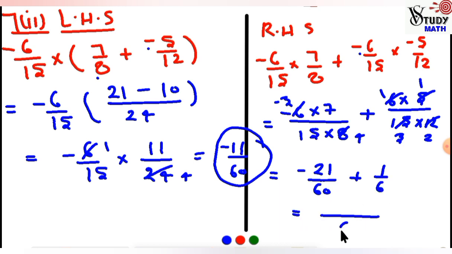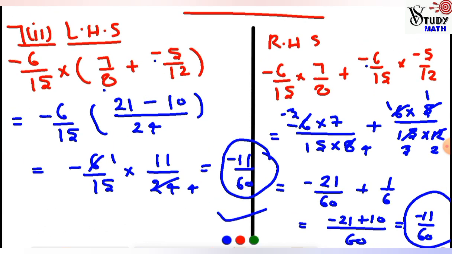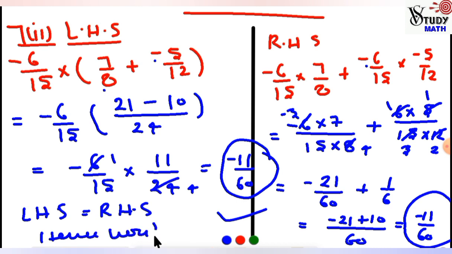Now the LCM will be 60. So negative 11 plus 10. So we have negative 11 by 60. So the answer of right hand side and left hand side both are equal. So we are going to write here left hand side is equal to right hand side, hence verified.